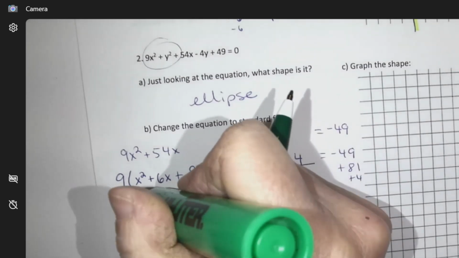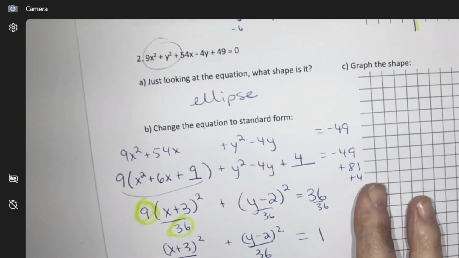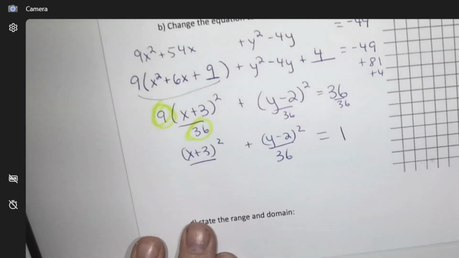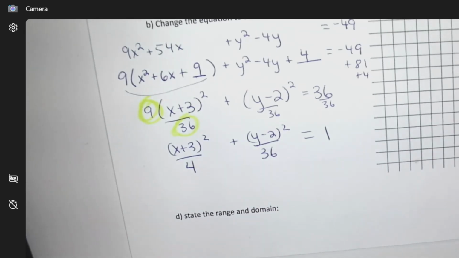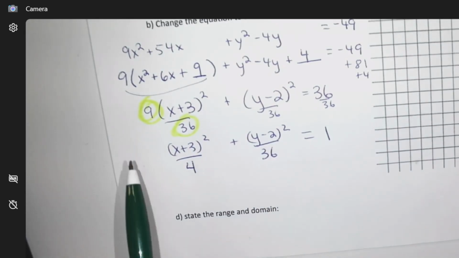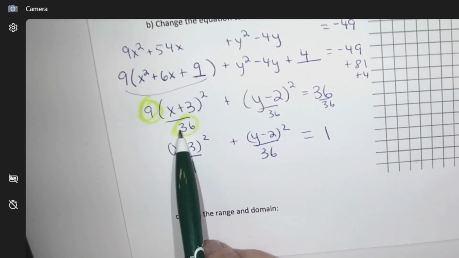And then what I'm going to do here is write a 4 on the bottom. Do you see where I'm getting that from? Because there's a 9, there's a 36. I'm basically just reducing by 9, reducing by 9.